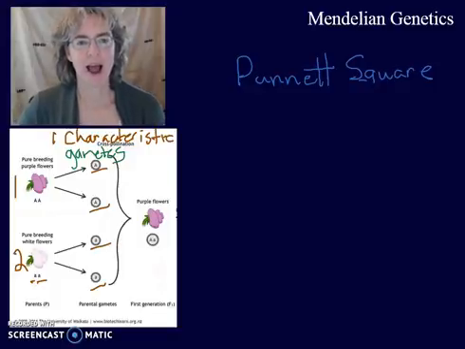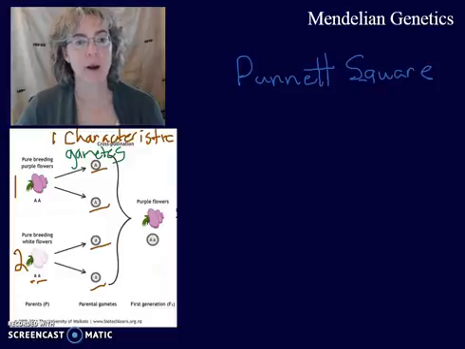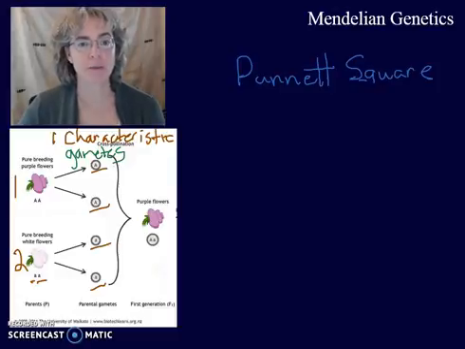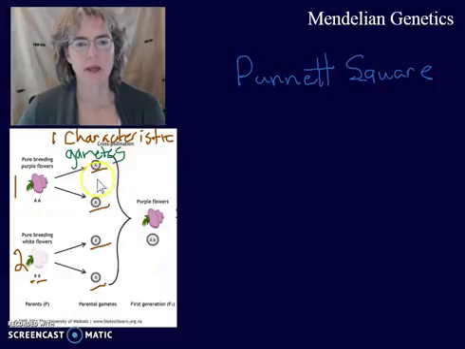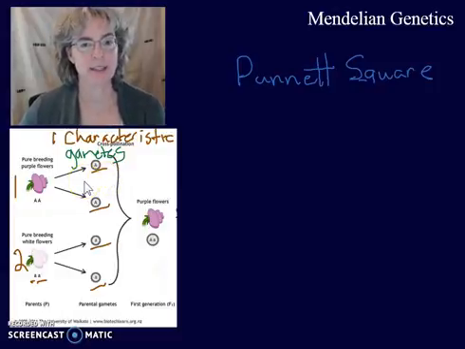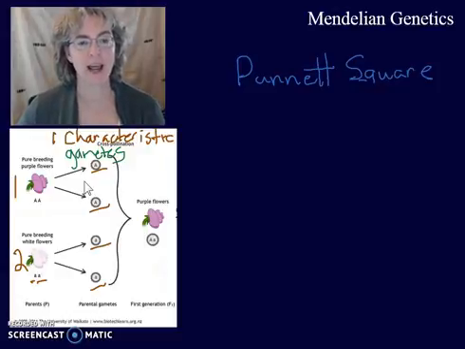We've been looking at how one characteristic is inherited from parents to offspring, and we've been looking at an example of flower color. This is Mendelian genetics, because this is a study that Mendel did looking at garden peas.